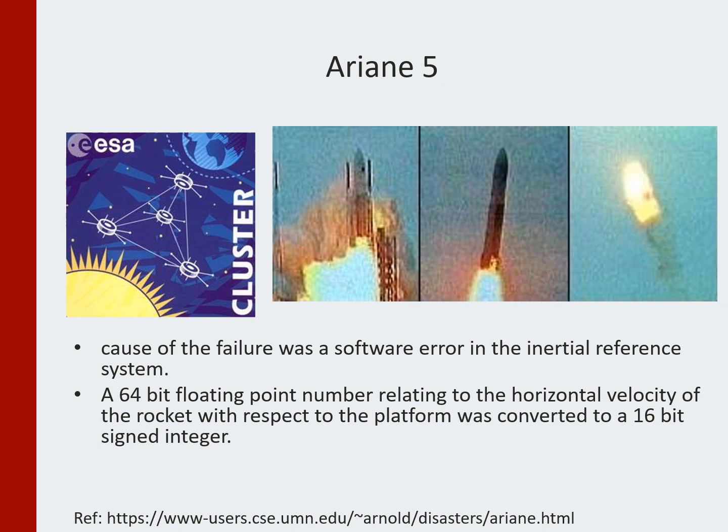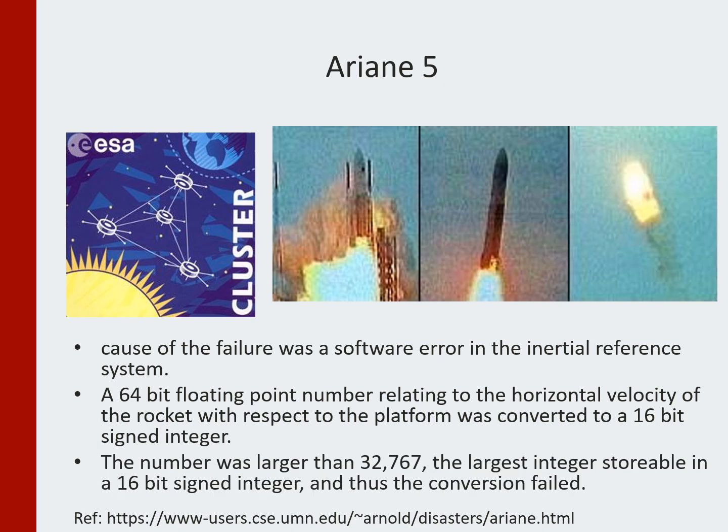It basically read a 64-bit floating point number, as we know it, a double, which was describing the horizontal velocity of the rocket, and thought that it needed to convert it into a 16-bit signed integer. That number was larger than 32,767, and it caused the conversion to fail, which caused the boosters to fire in weird directions, eventually causing the rocket to explode.